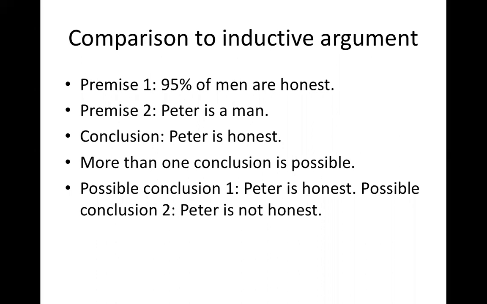So the premises don't make the conclusion necessary, and the conclusion does not follow with certainty. Peter could be among the honest 95. Peter could be among the dishonest 5%. So more than one conclusion is possible. I told you that a deductive argument makes only one conclusion possible, but in this case, more than one conclusion is possible. Possible conclusion 1, Peter is honest. Possible conclusion 2, Peter is not honest.